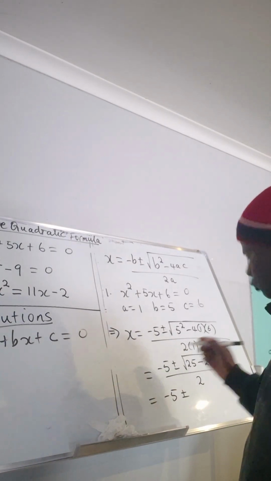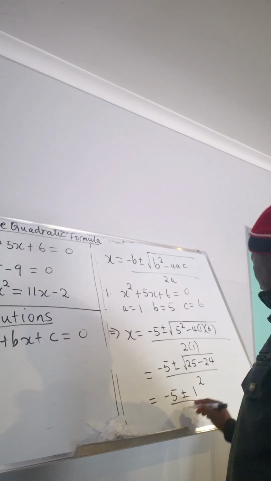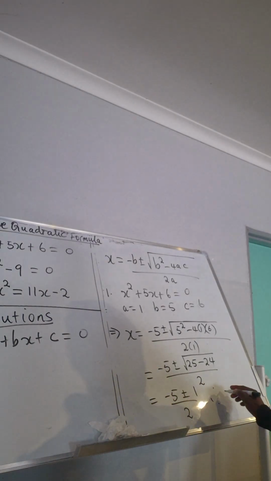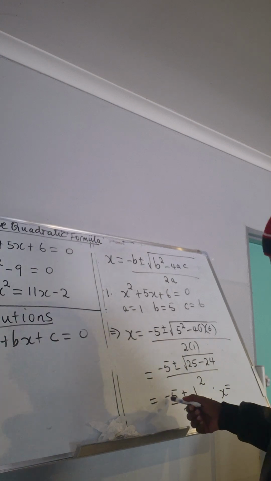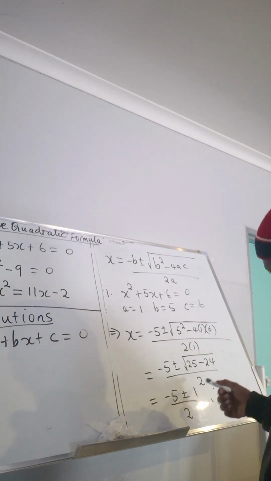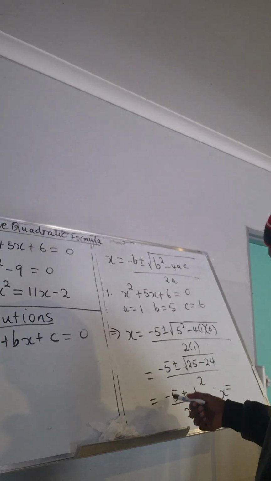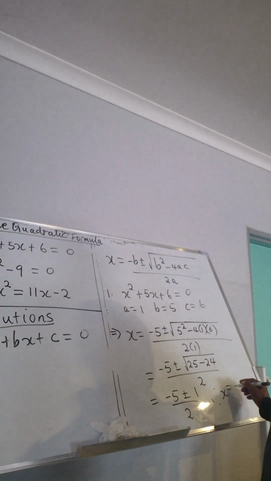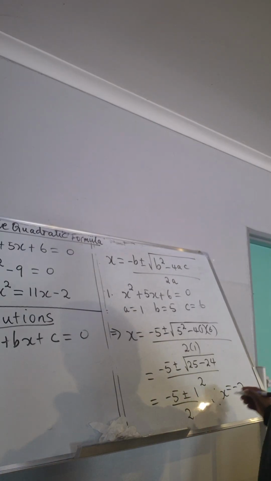Square root of 1 is 1. All over 2. So your answer, therefore, x must be equal to minus 5 plus 1, which is minus 4. Minus 4 divided by 2 is minus 2.